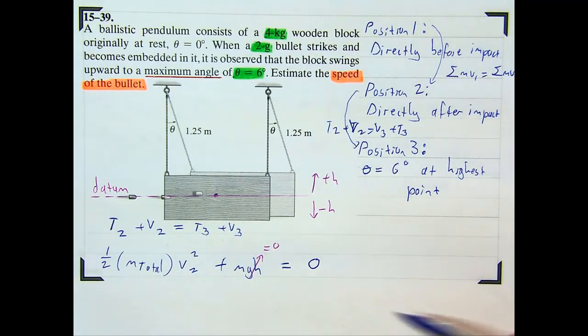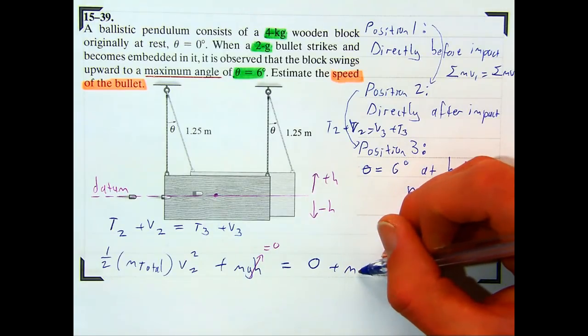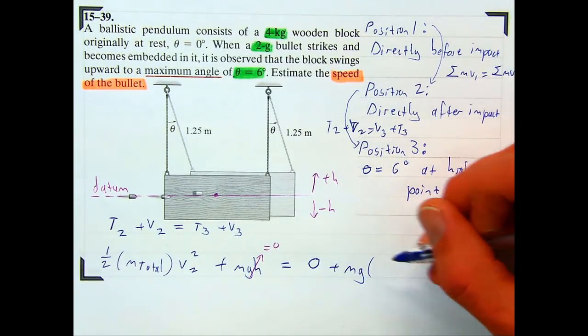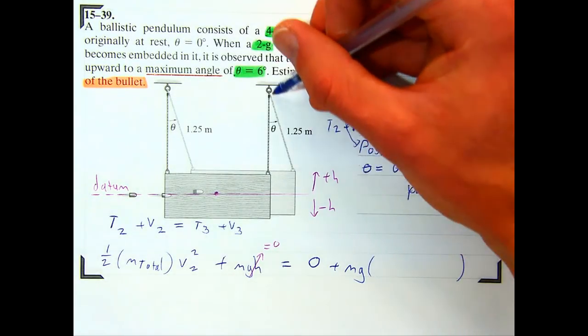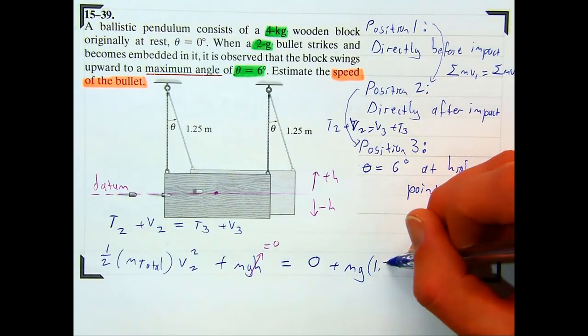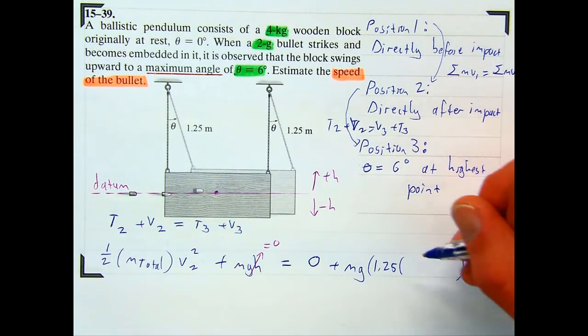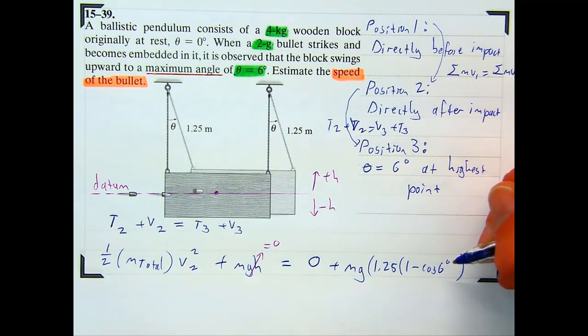And then V3 is the potential energy at that highest location, which you can write as mg times the height that it reaches. Now, if this is 1.25 meters in length and that angle is 6 degrees, you can write this as 1.25 times 1 minus cos of 6 degrees.